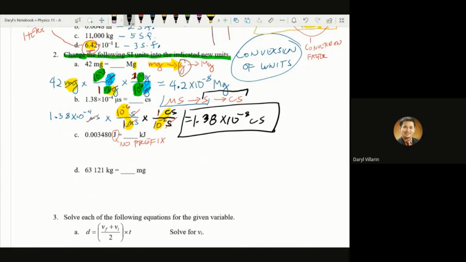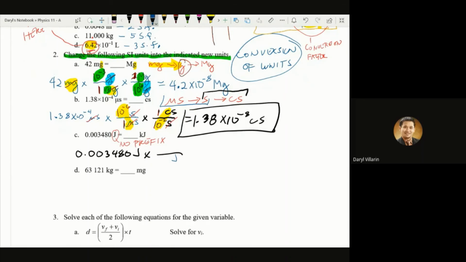So just write the given value 480, and then joule multiplied by, so for your conversion factor, again, the first thing that you need to do is try to do the placement of your units. Since the given is joule, joule must be at the bottom.